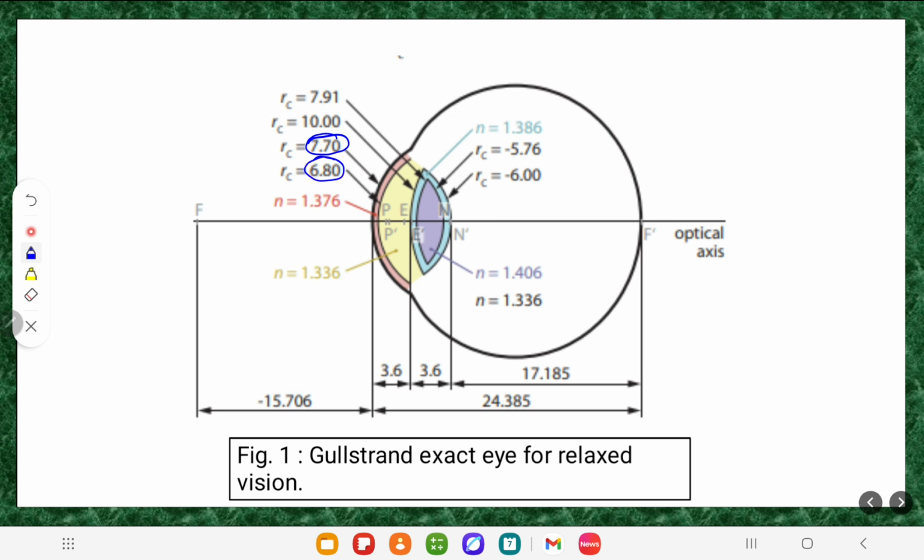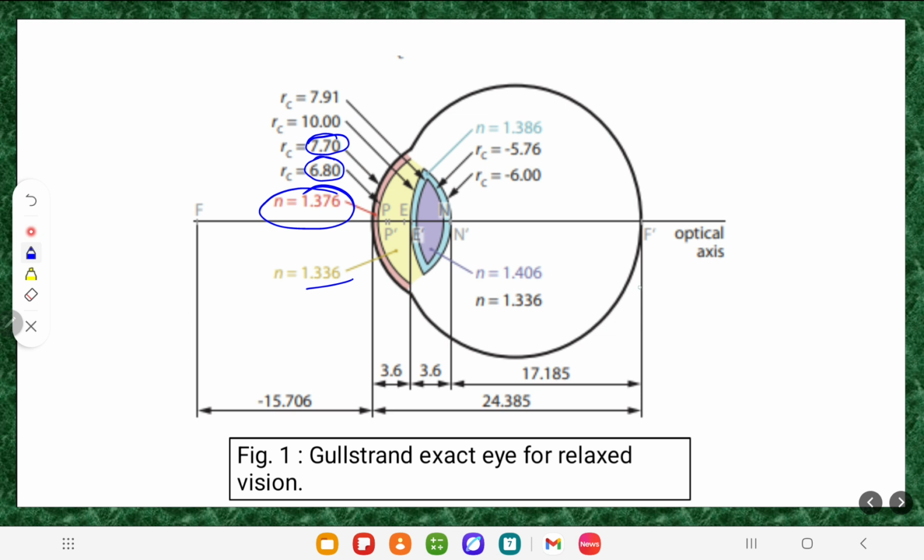Whenever your teacher asks the radius of curvature of the front surface of the cornea, you answer 7.7, because it is given by Gullstrand and taken as the standard. And whenever a teacher or viva examiner asks the radius of curvature of the back surface of the cornea, you answer 6.8. The refractive index of the cornea is 1.376, again because of the Gullstrand standard. So this is very important.